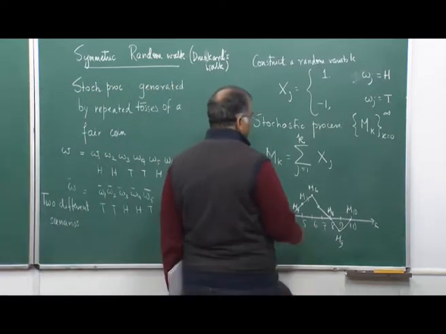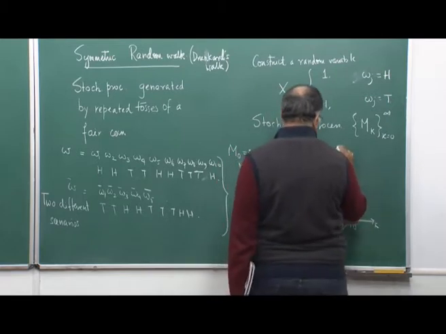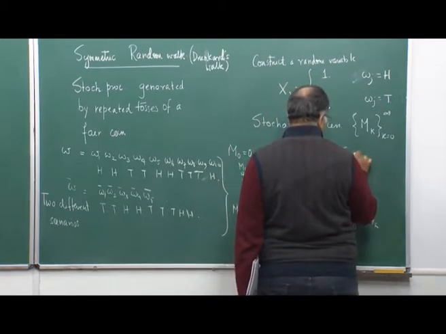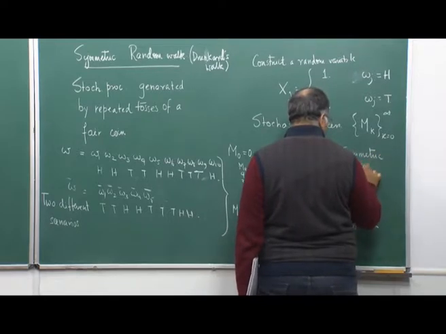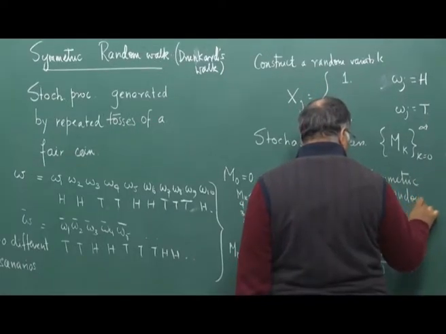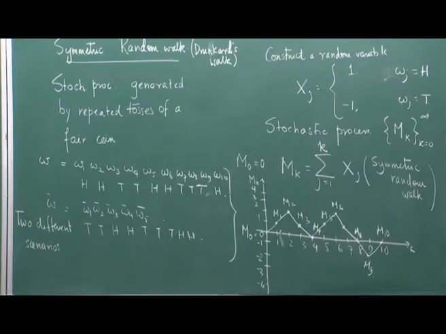So, here is my stochastic process, and this stochastic process is called the symmetric random walk. Of course, we are not mentioning, but underlying we are always taking some probability space.